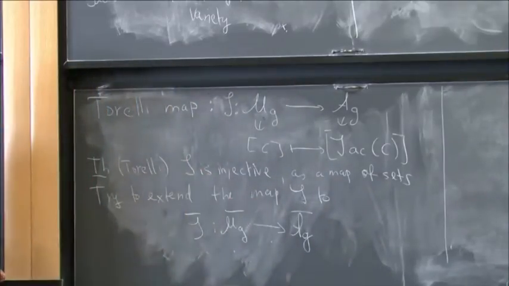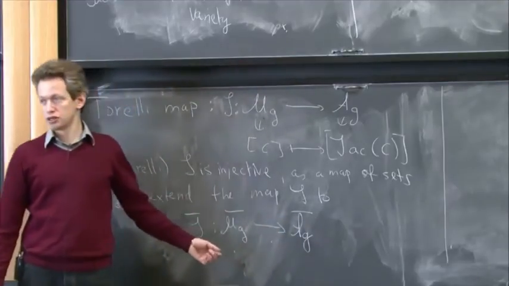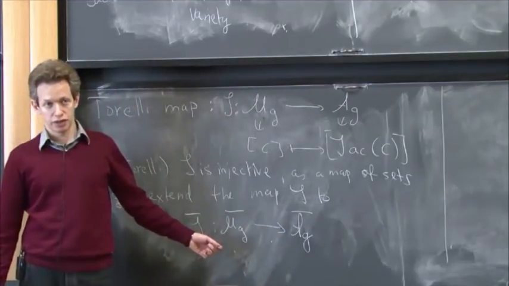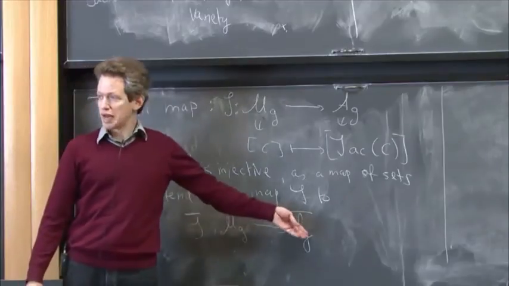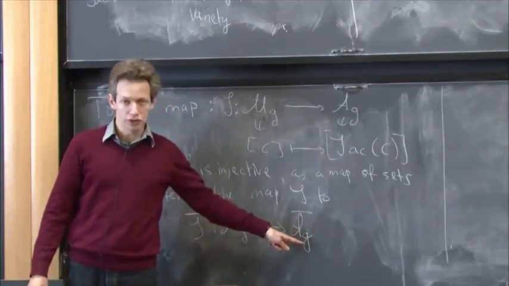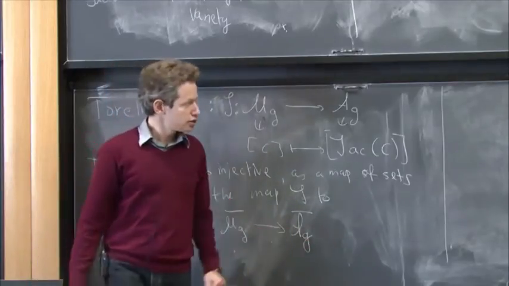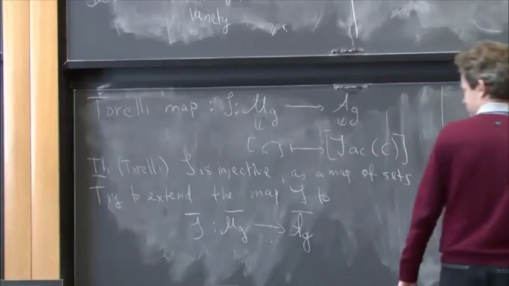So I want to extend the Torelli map that sends a curve to its Jacobian to Deligne-Mumford stable curves, right? That means I should add something, maybe not, we don't know a priori, to the moduli space of principally polarized abelian varieties. Okay?